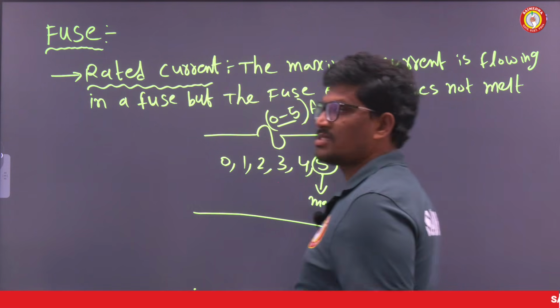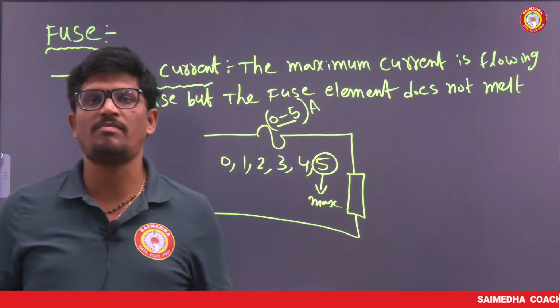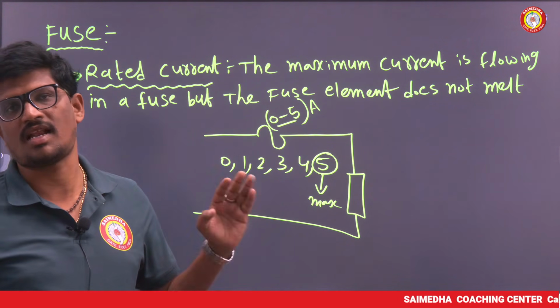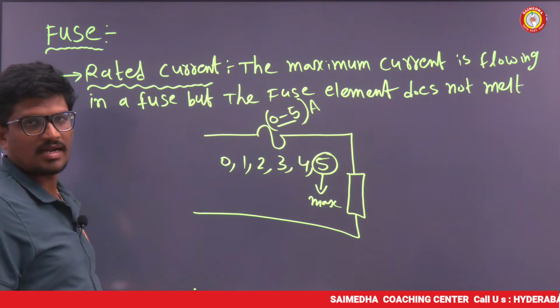So even when the maximum current flows, if the fuse element does not melt, that current is called the rated current.